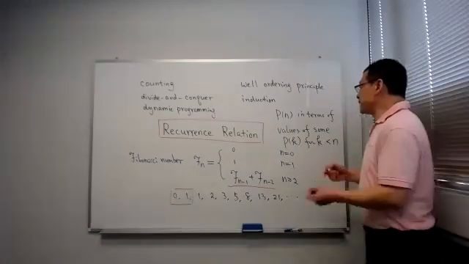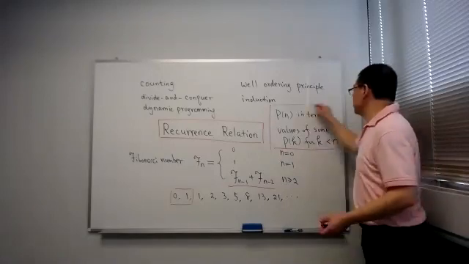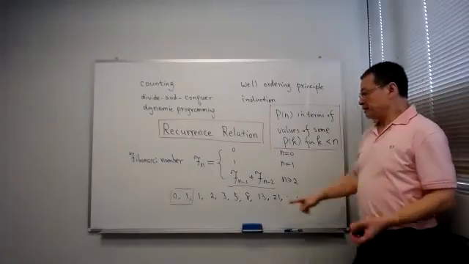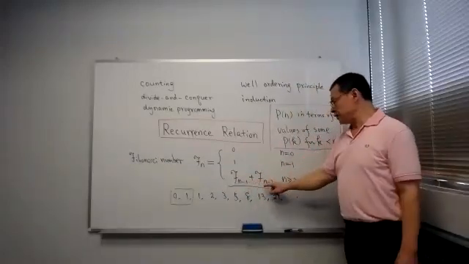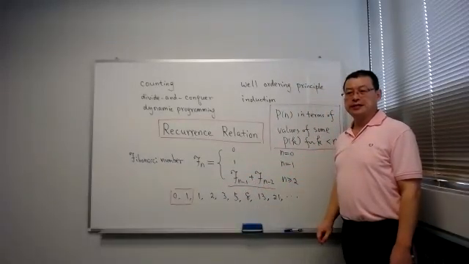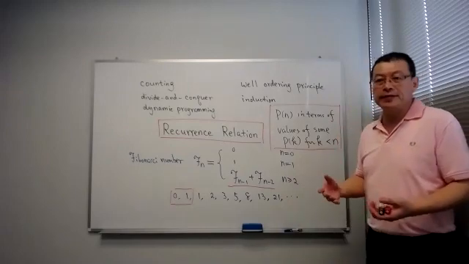So this is the basic idea of recurrence relation. So here the value of Fn is defined in terms of the Fn minus 1 and Fn minus 2. So that's the recurrence relation. Okay, it's very, very simple.